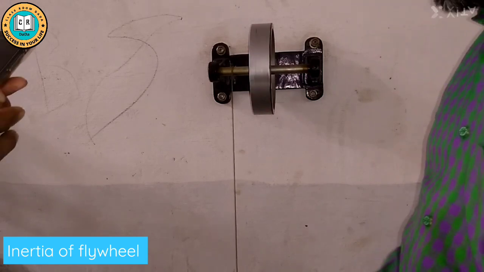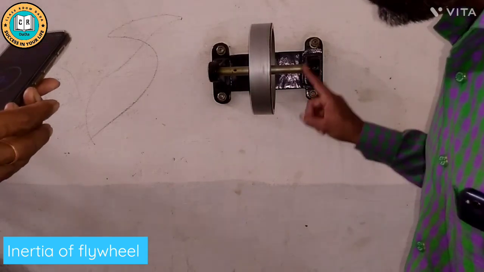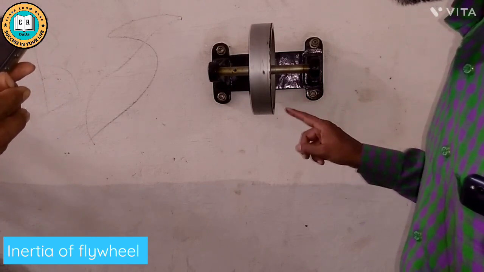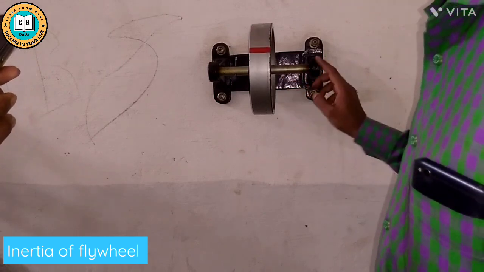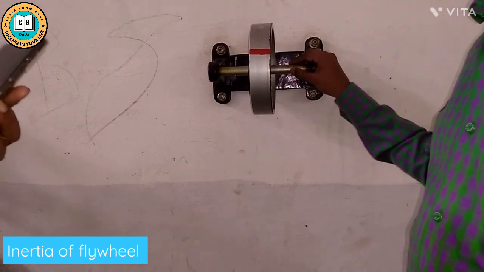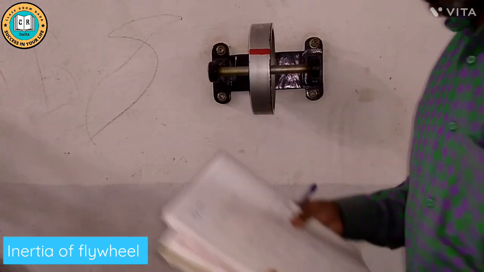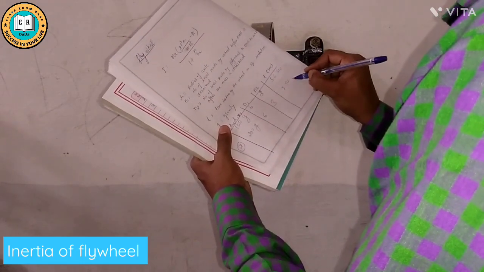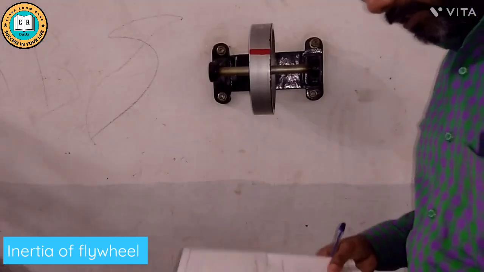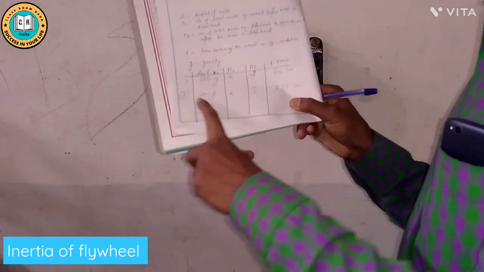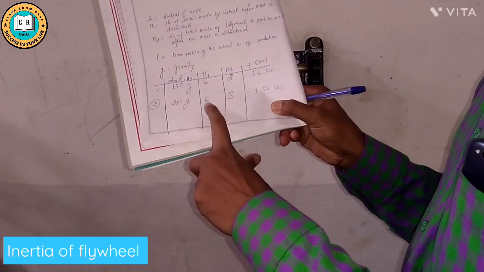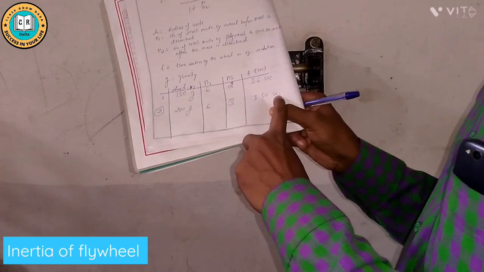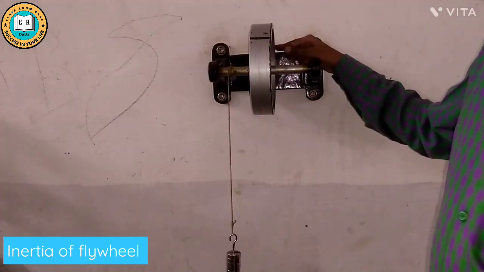It is rotating due to the potential energy lost by this mass. 1, 2, 3. So 3 revolutions happen with this mass, and 7.54 seconds was the time taken after detachment. So that is the second reading: 200 gram weight, N1 is 6, N2 is 3, and 7.54 seconds is the time.